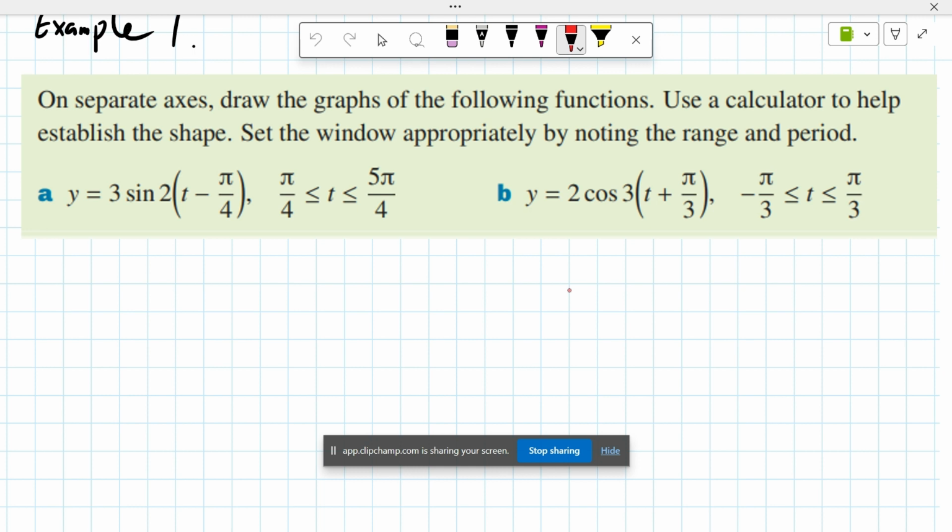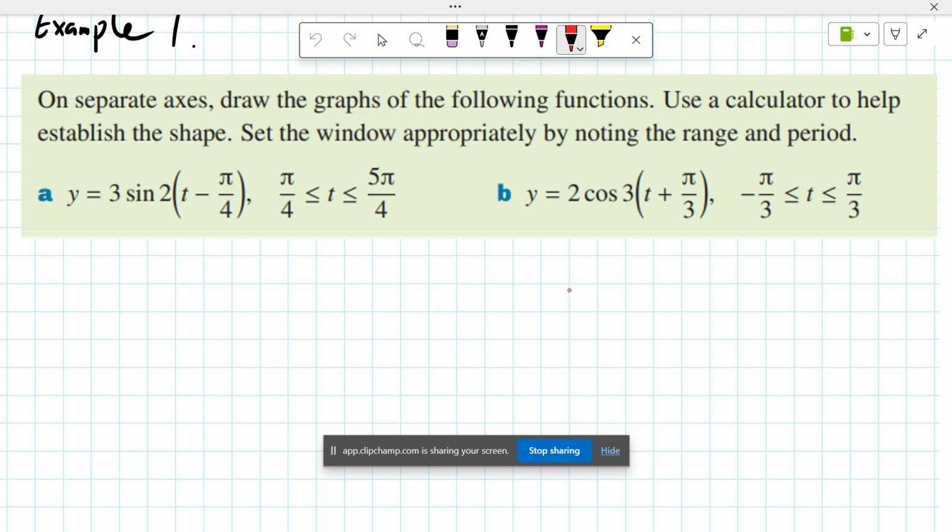If you want to graph a cosine or sine graph, you need to find your period, and also the amplitude, which is your positive maximum position. So first, we need to know our period. How do we calculate the period?